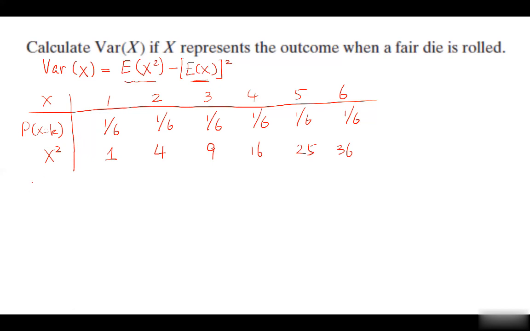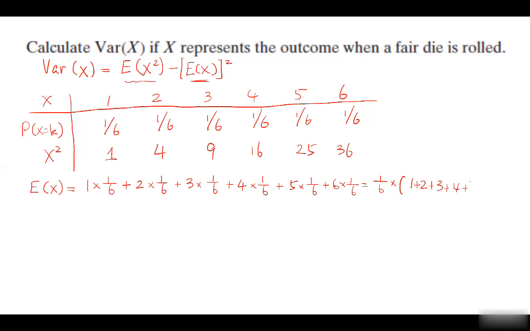Okay, so now first we can calculate the expected value of x, which is 1 times 1/6 plus 2 times 1/6 plus 3 times 1/6 plus 4 times 1/6 plus 5 times 1/6 plus 6 times 1/6, which is 1/6 times (1 plus 2 plus 3 plus 4 plus 5 plus 6), right?